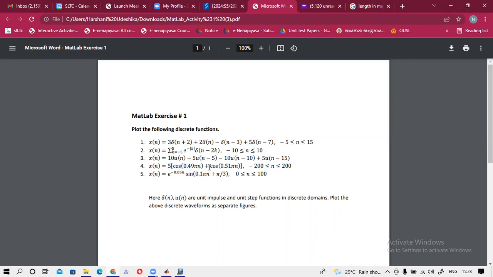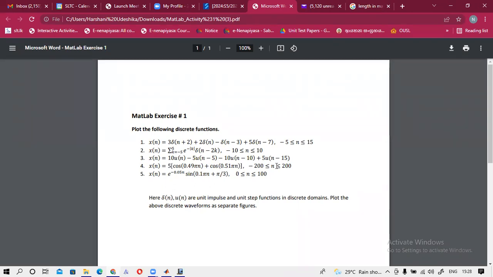What you have to do is define this n value from -200 to 200, but I think this much range may not be clear in Matlab. You can try.